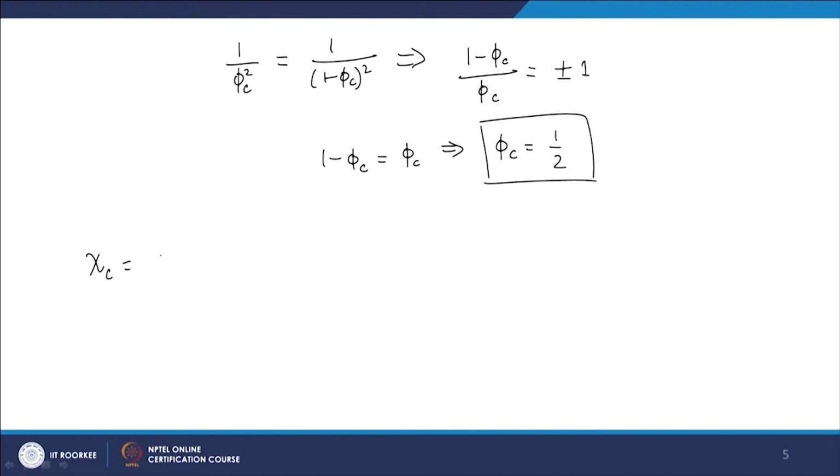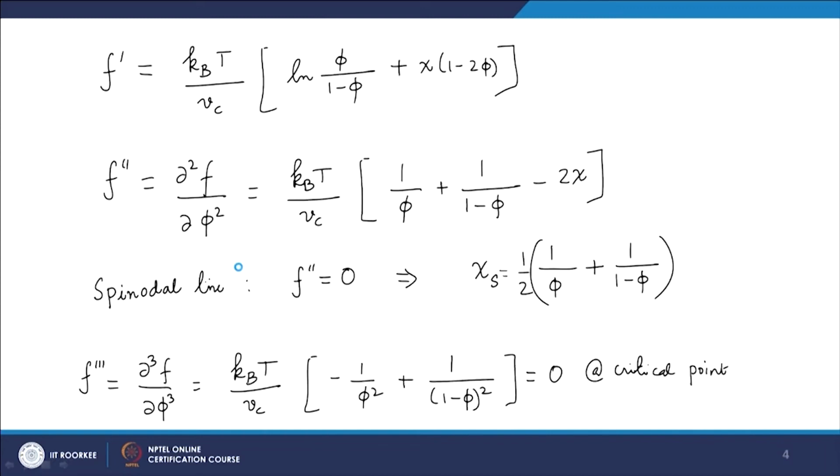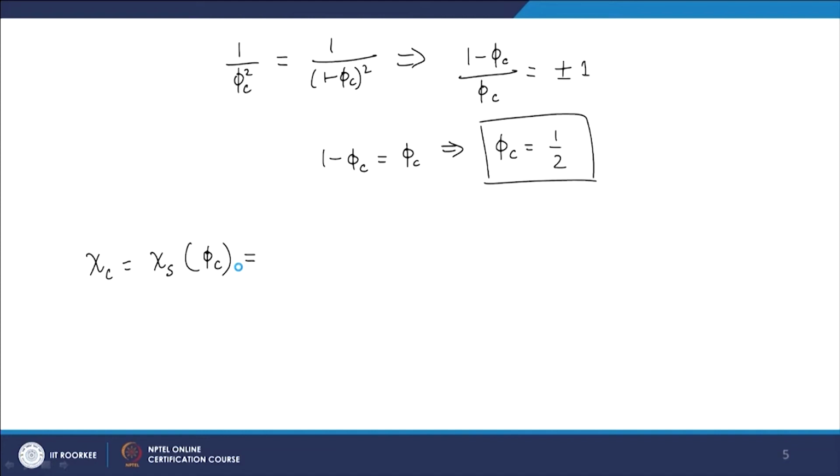So, let us say I am computing the chi s for phi value as phi c, then this will be equal to 1 by 2, 1 by phi is 2, 1 by 1 minus phi is also 2. So, this has to be equal to 2.